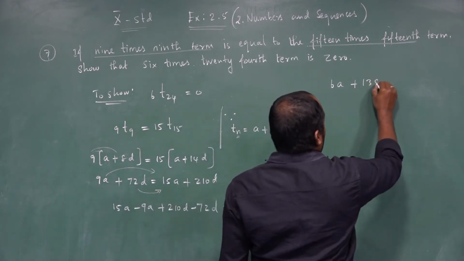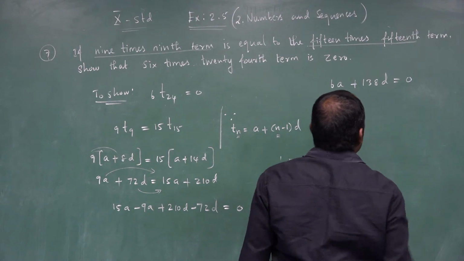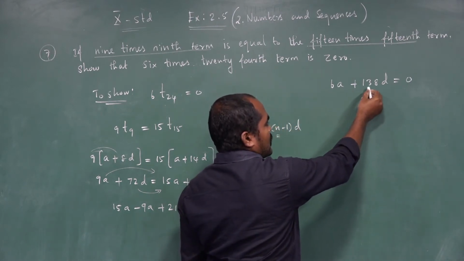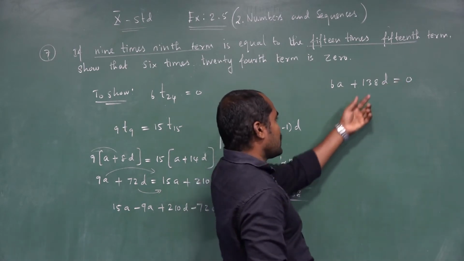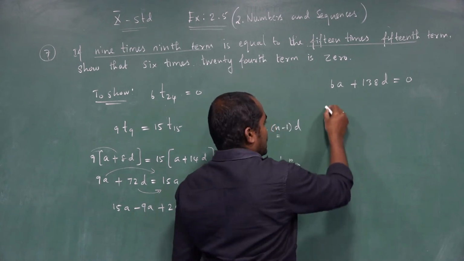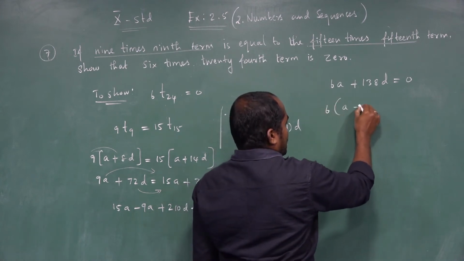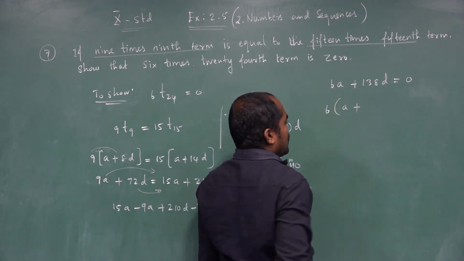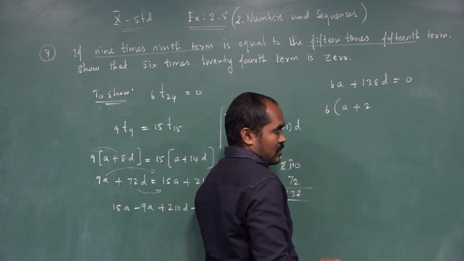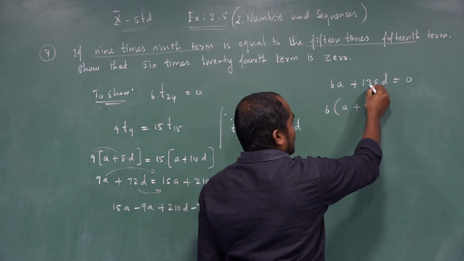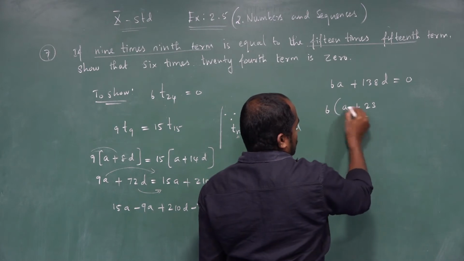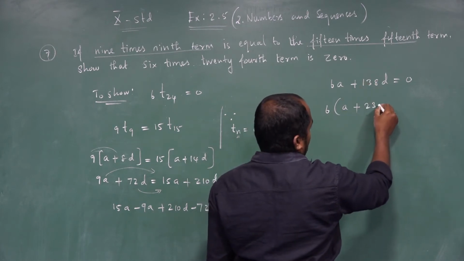So 6a plus 138d equal to 0. 138 is a multiple of 6, so take 6 outside: 6 of a plus, how many 6s make 138? 2 sixes are 12, 3 sixes are 18, so 6 times 23 is 138.